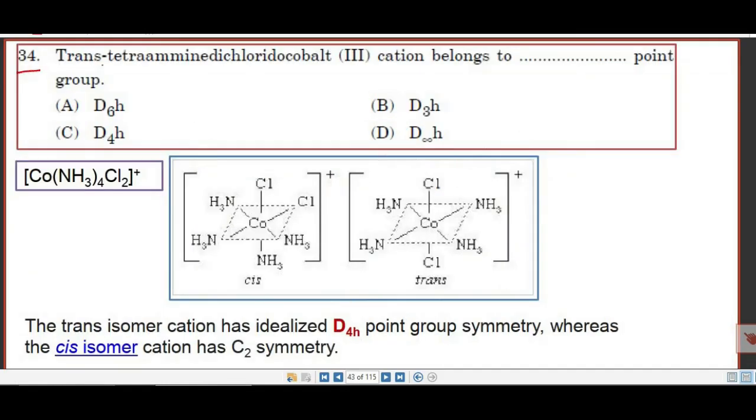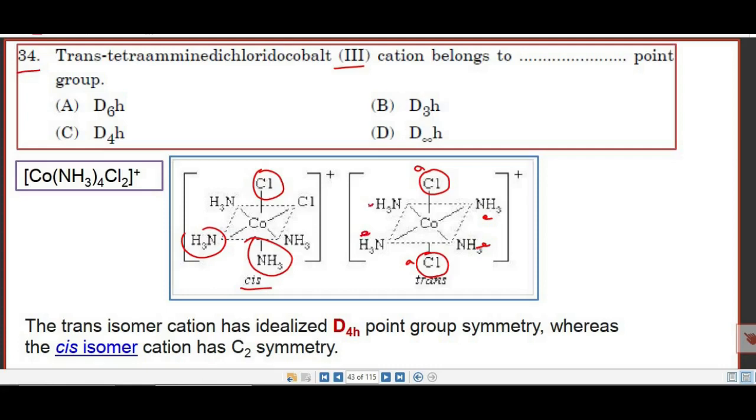Question number 34. Trans tetraammine dichlorido cobalt 3 cation belongs to which point group. There are 4 point groups as given. Here you see in the cis compound, one Cl is in axial position and another is in equatorial.